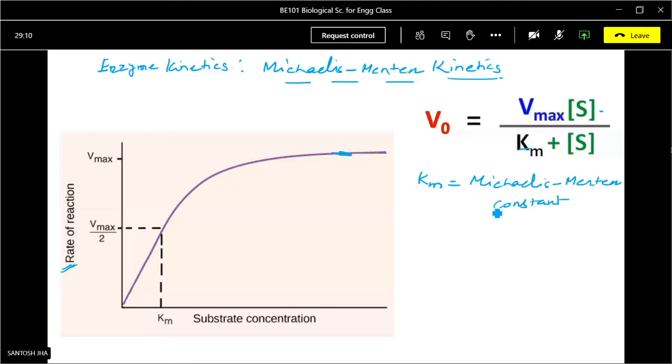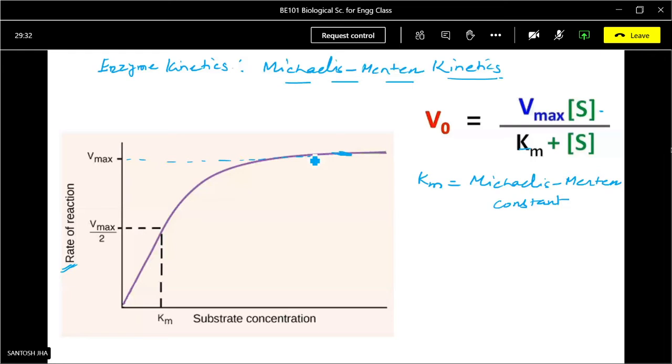When we plot this equation, known as the equation for the Michaelis Menten kinetics, we have a graph like this. At one point we have the maximum velocity of the enzyme catalyzed reaction. This is known as Vmax.